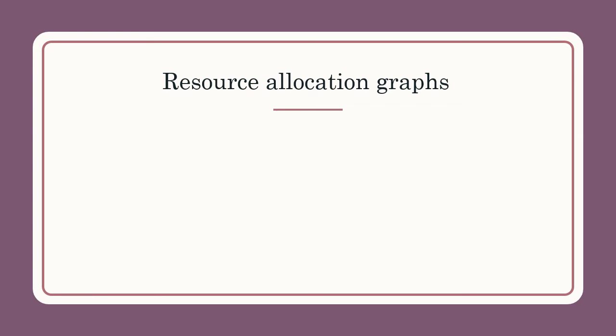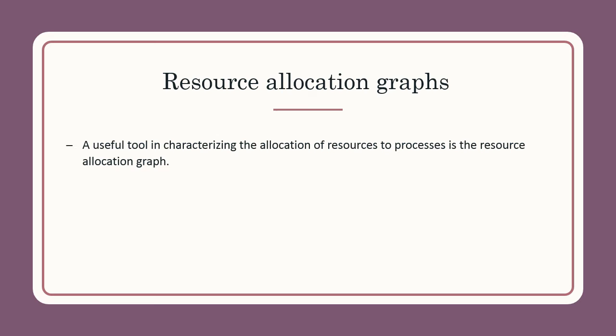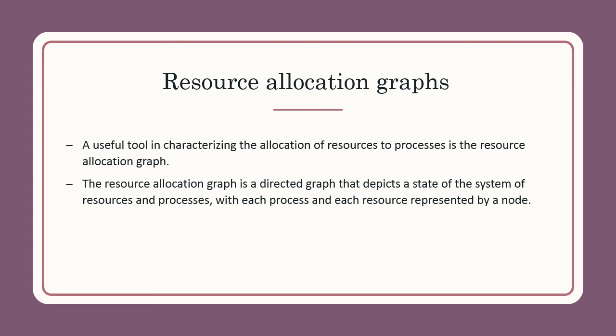Resource allocation graphs. A useful tool in characterizing the allocation of resources to processes is the resource allocation graph. The resource allocation graph is a directed graph that depicts a state of the system of resources and processes, with each process and each resource represented by a node.